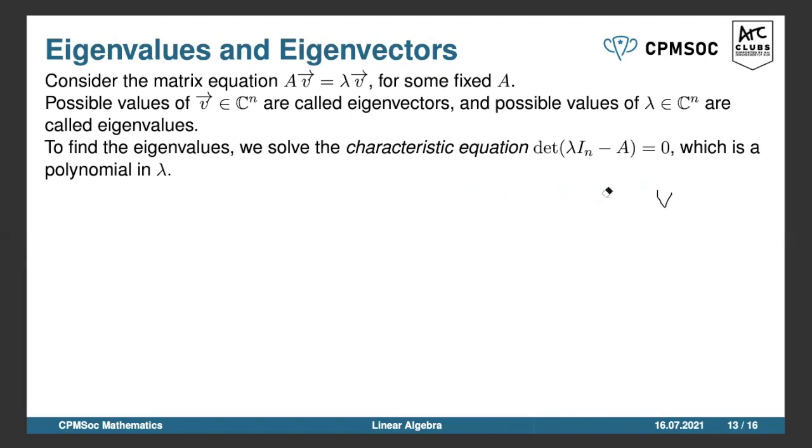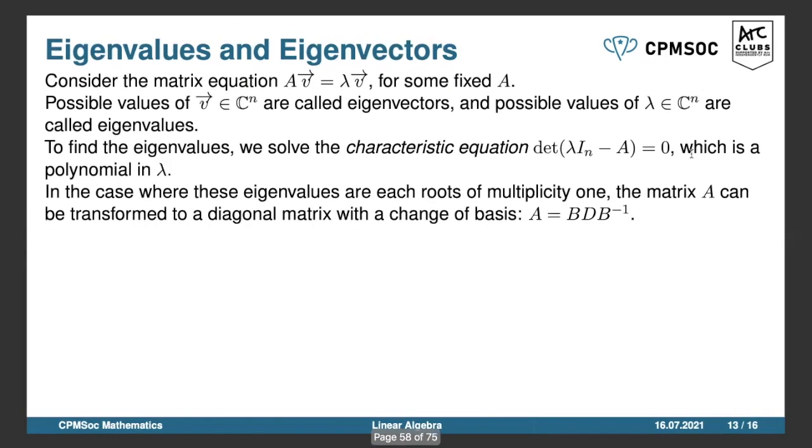And this is going to turn out to be a polynomial, which is the reason we want lambda to be a complex number, because if we want to find the eigenvalues of this matrix, we have to solve this polynomial. And the polynomial is always going to have solutions if we make our domain be the complex numbers.